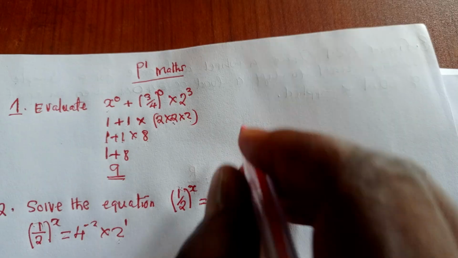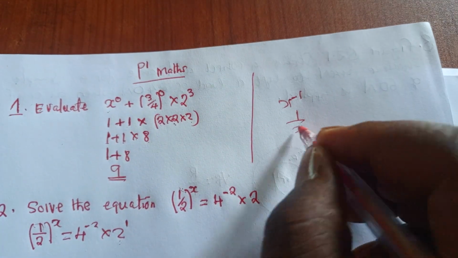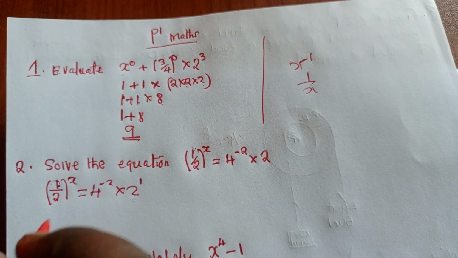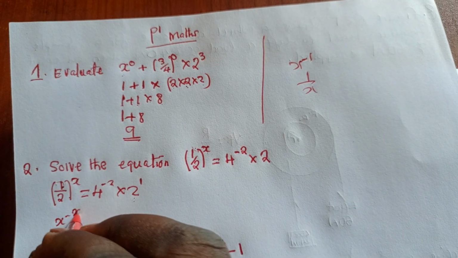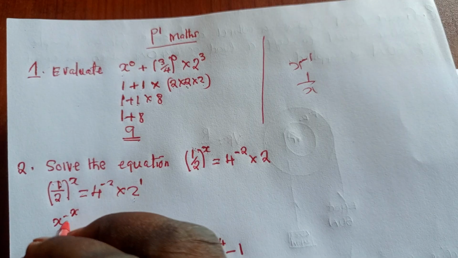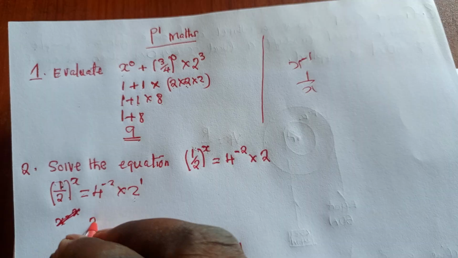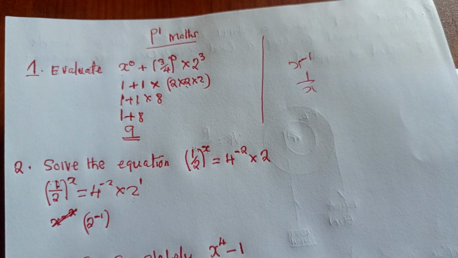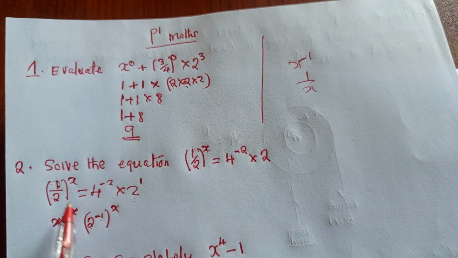I need to know that 1 over x is same as x to the power negative 1. So I can say 1 over 2 is same as 2 to the power negative 1, then to the power x here, equal to.